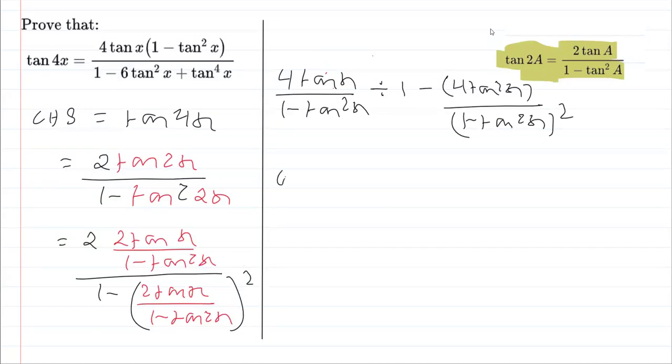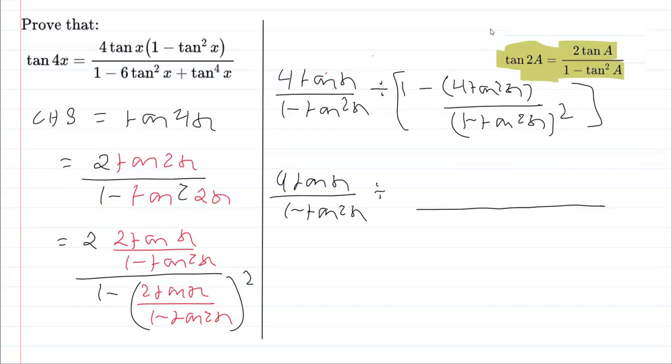Now continuing with the working, I can say this is 4 tan x over 1 minus tan square x, that divided by. Now for this portion, I'm taking the LCM. If I take the LCM, clearly it is 1 minus tan square x, the whole square. And this is 1 over 1.